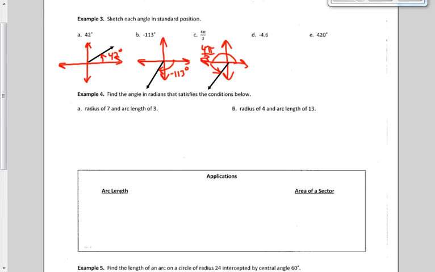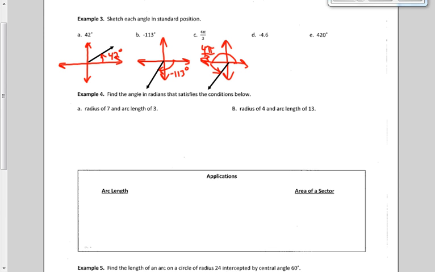And that's not necessarily true because negative 4.6 is not in degrees, it's in radians. And the way that I know it's in radians is that there's no angle measurement. There's no degree on the upper right-hand side. So I know that this negative 4.6 is in radians.